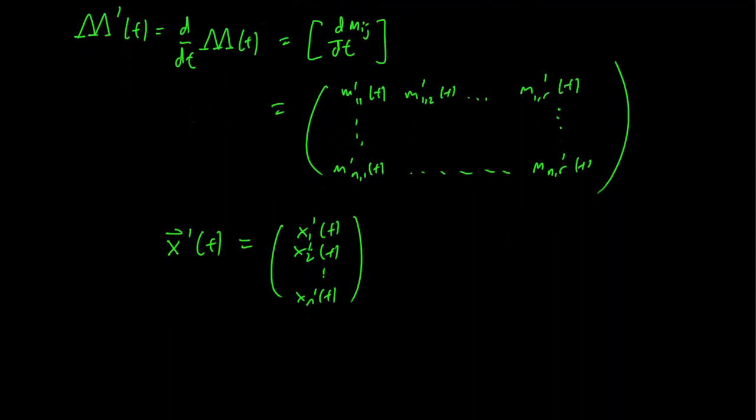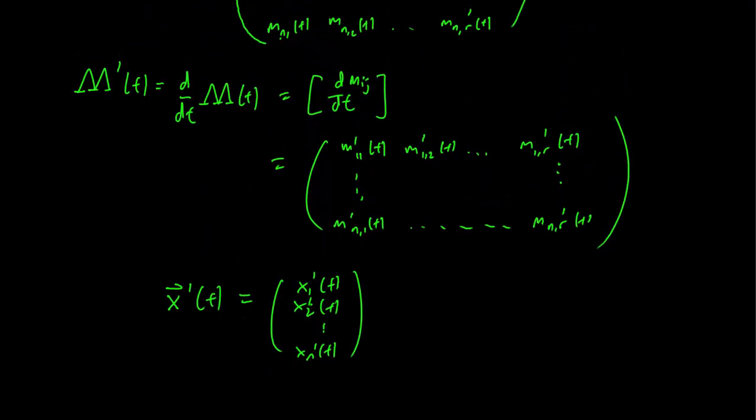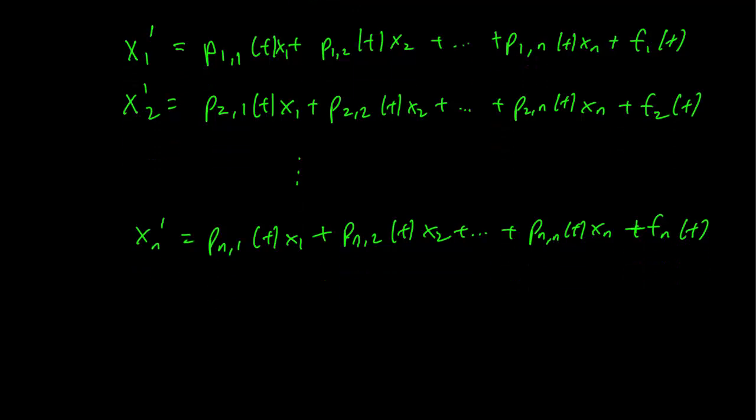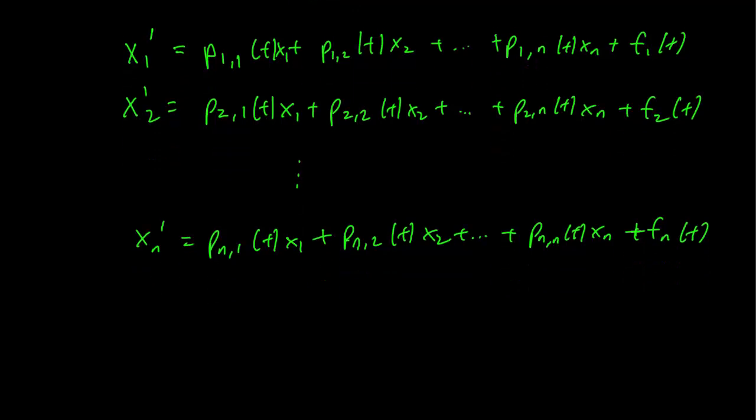So we often want to write down systems of differential equations in terms of these matrices. So when we have a system of differential equations look like this, here x1, x2, x3, xn are all functions that depend on t, and these on the left are the derivatives. So I didn't write the t dependence on each of the x's because my hands got tired, but you get the gist of it.